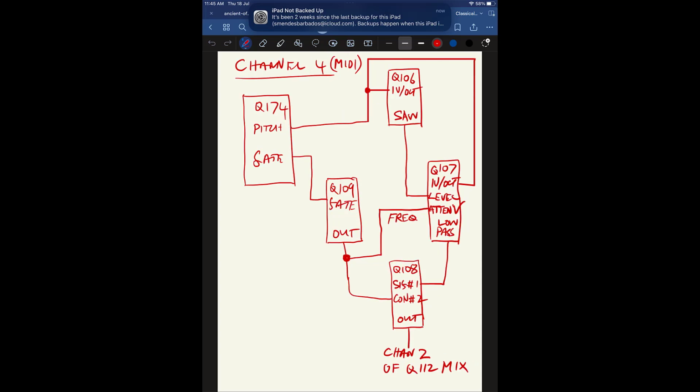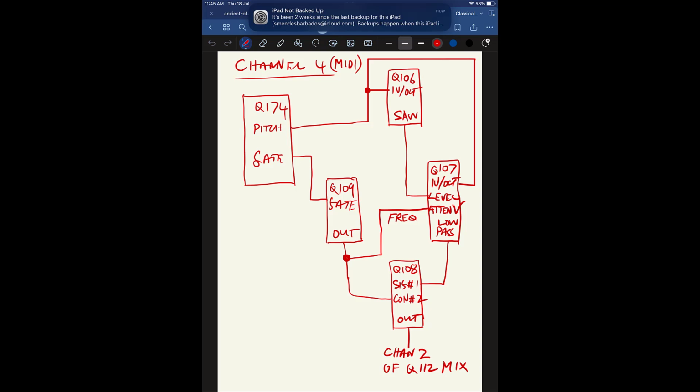As you can see here, channel 4 is identical to channel 3, and we only have one Q109 envelope generator and one Q106 oscillator, and then one filter Q107 and one Q108 amplifier, and that goes to channel 2 of our Q112 mix.